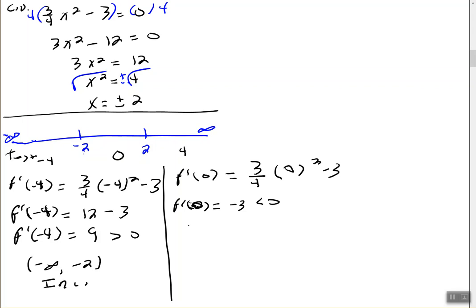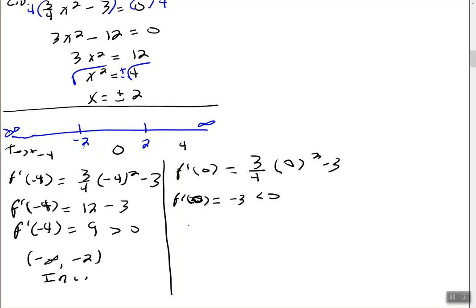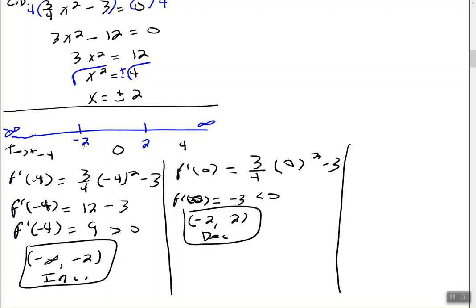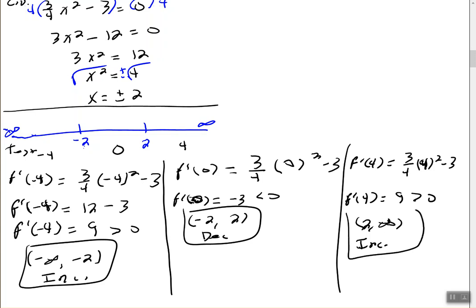So therefore, on the interval from -2 to 2, we know that the function is decreasing. And then finally, f prime of 4 gives us the same value as f prime of -4, which is +9, and it's greater than 0. So from 2 to infinity, we are increasing.